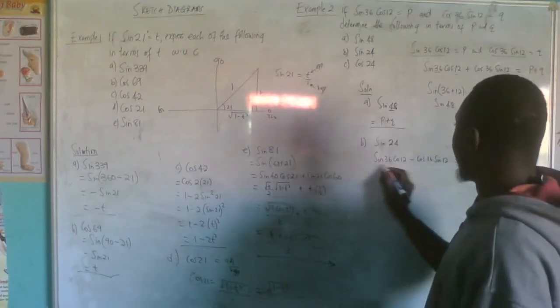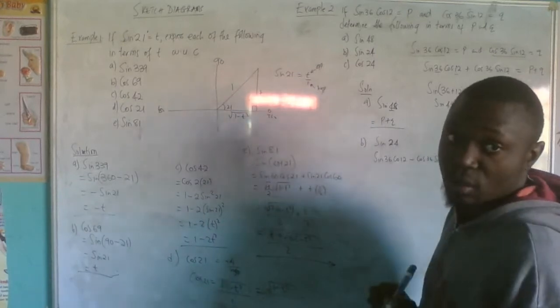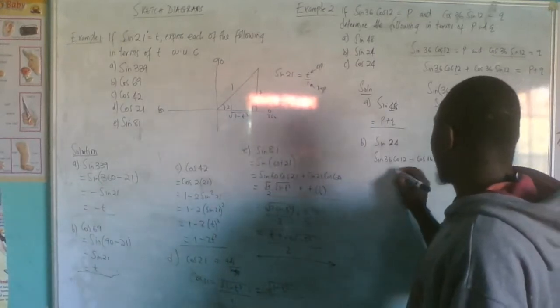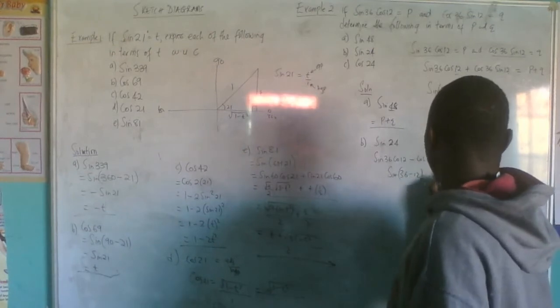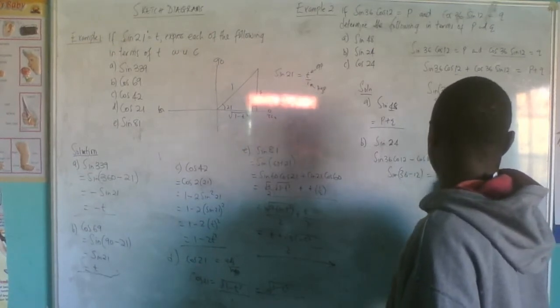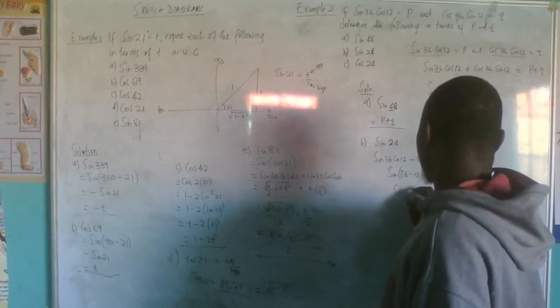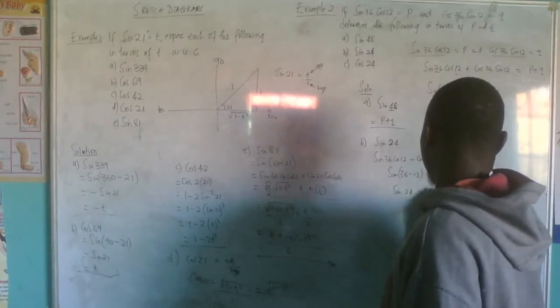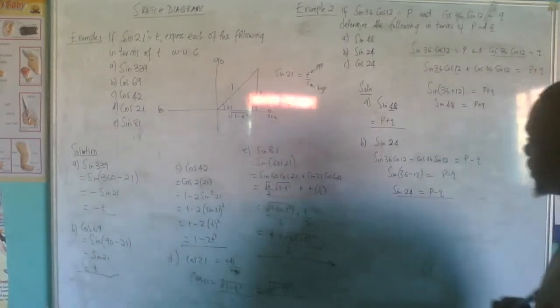But this is equal to what? That is p minus q. It becomes sine of 36 minus 12. Therefore sine 24 is equal to p minus q. You should have found that, okay?